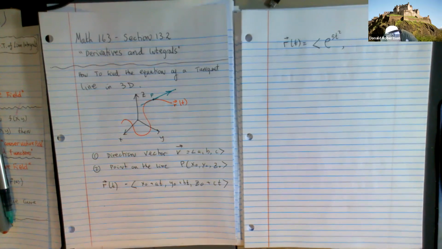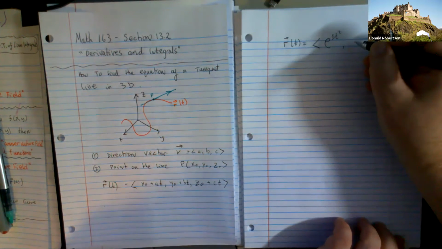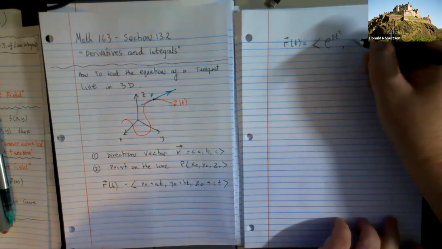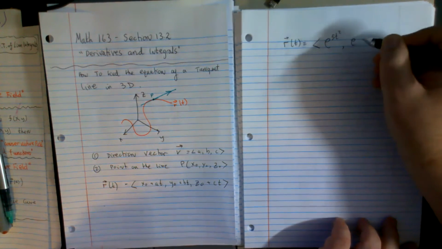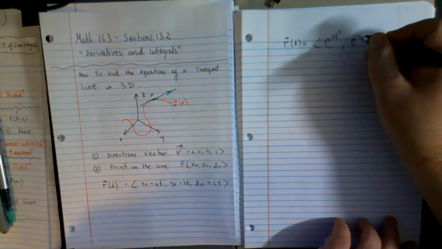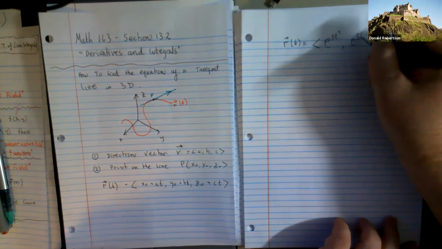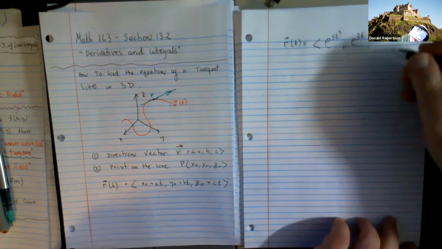Rory, can you give me anything for the middle one? Keep it simple. E to the, I don't know, 3t. Okay, I'm picking the next one because you lot are just going to pick e to the something.